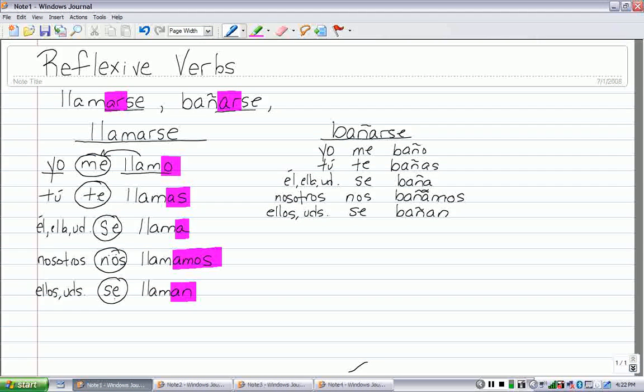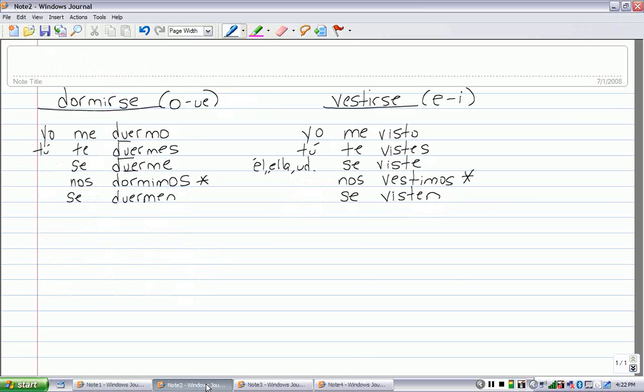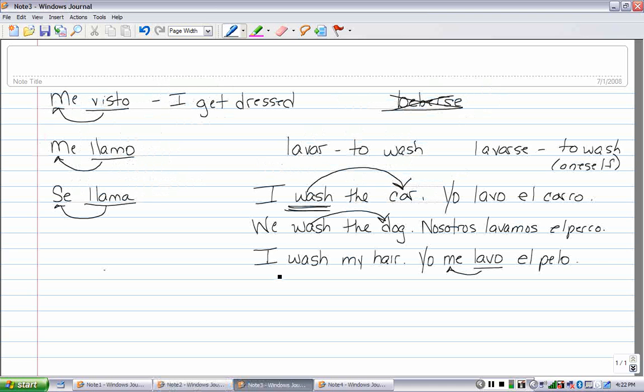For these verbs on page 237, remember that there are stem changes listed out to the side, whether it's an O to UE, an E to IE, or an E to I. Sometimes verbs can be reflexive, or they can be non-reflexive depending on what you're trying to convey. There are verbs like beberse that we just looked at that cannot be reflexive because you can't drink yourself.